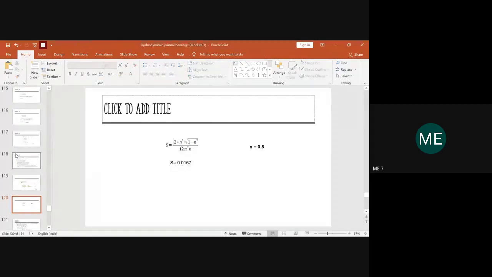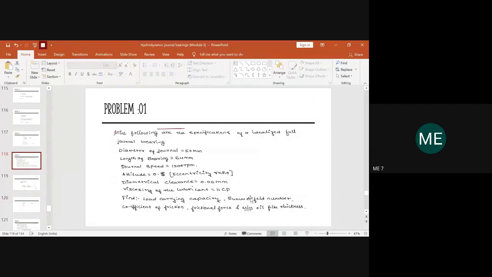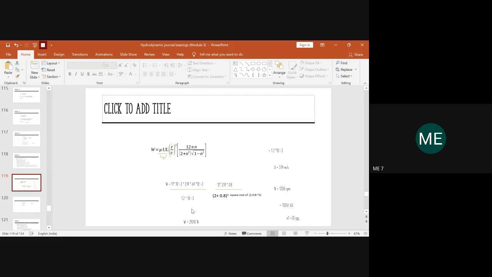So next, please see in the question what is being asked. It is the coefficient of friction. In the previous problem, how we used to determine the coefficient of friction? We used to determine the frictional force, and the load bearing capacity of the bearing is already known. So we used to divide F upon W and determine the coefficient of friction.